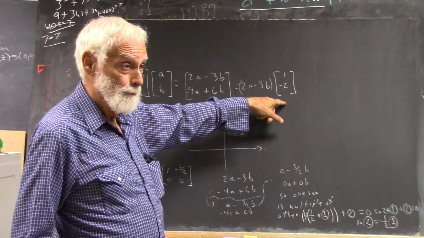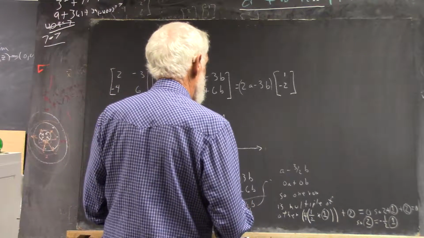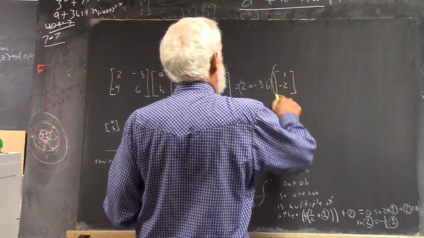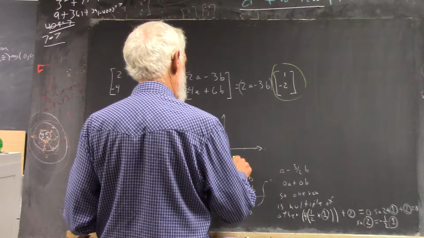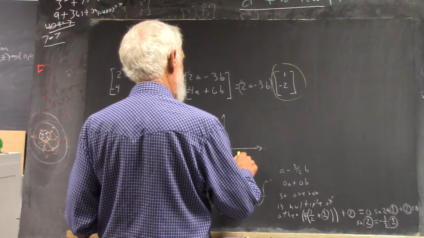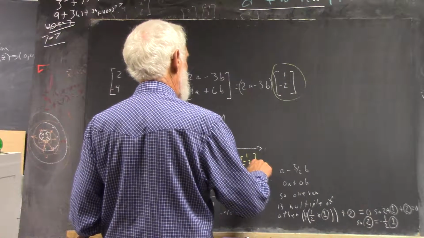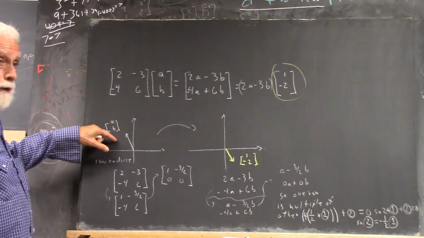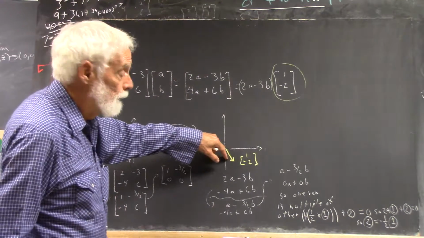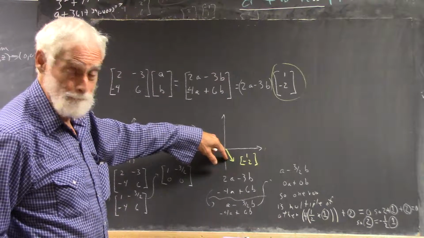Now the vector 1 negative 2 is here. Any vector over here has to go to a multiple of this vector.